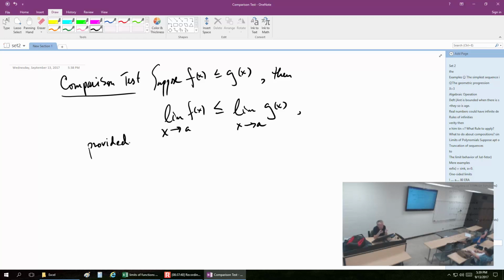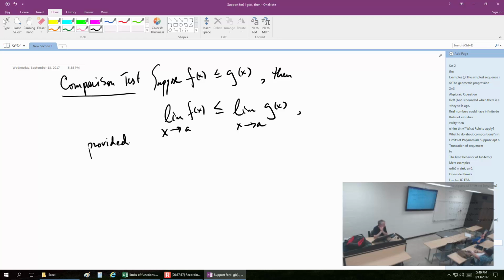So we're speaking of limits as numbers, right? So you have to require that the limits exist in the first place.